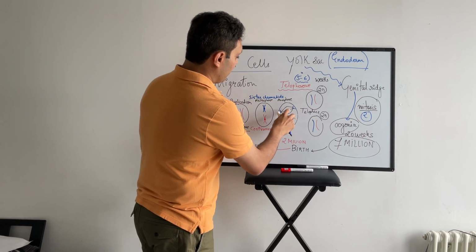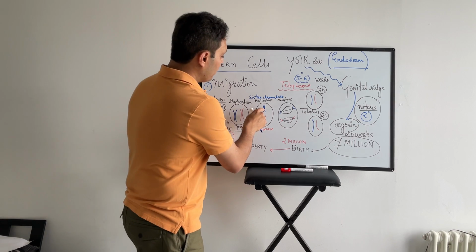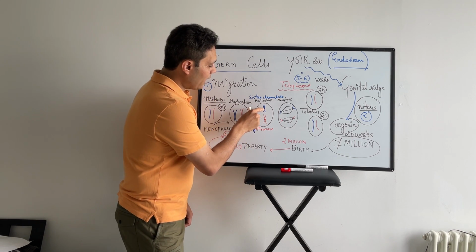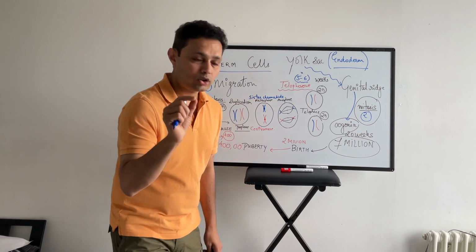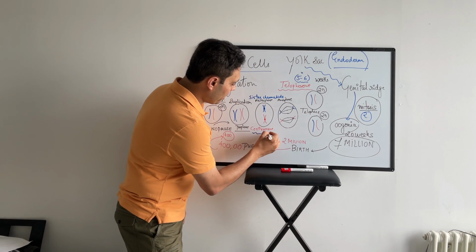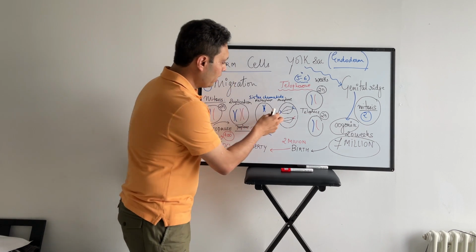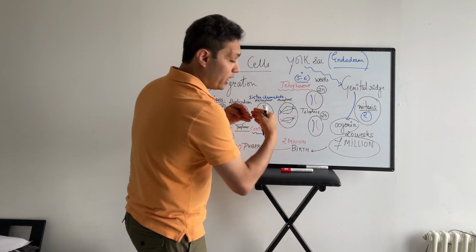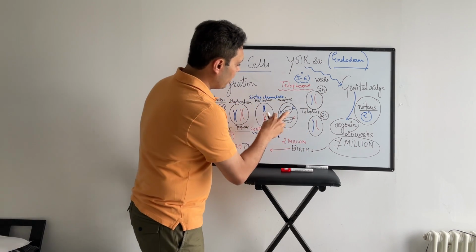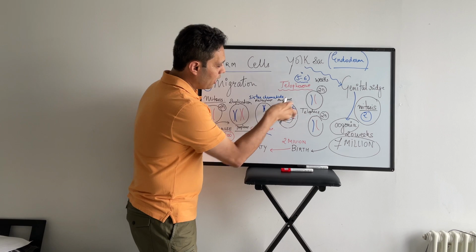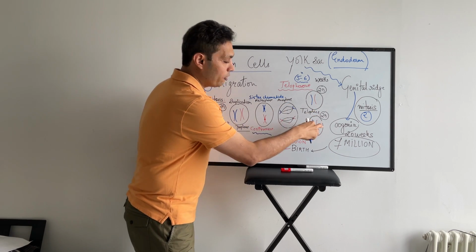After that, there's a spindle formation. There's a split at the center point. The center point is known as a centromere. It divides at that point, and it pulls the genetic materials away from each other. Eventually, these two will come and form one cell, and these two will come and form the other cell.